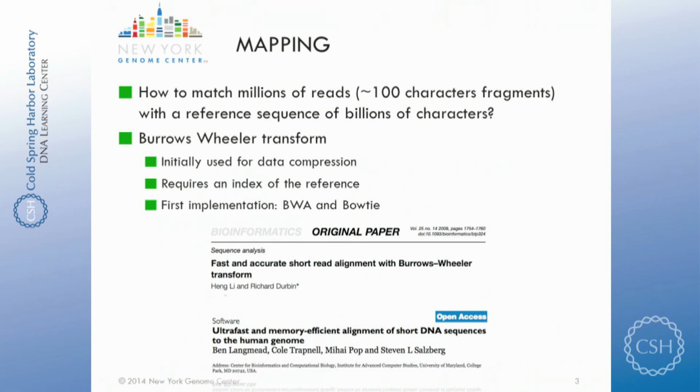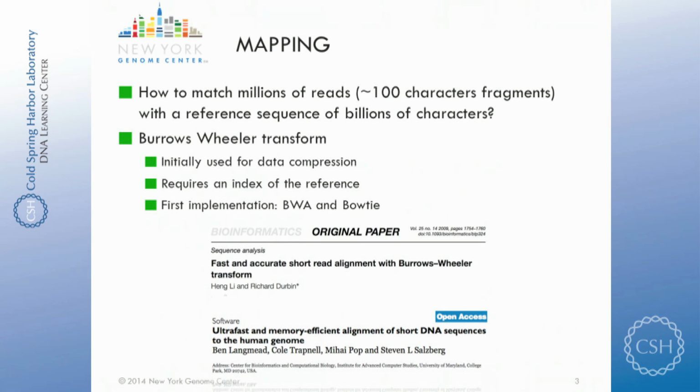But anyway, the problem is to match millions of reads that are, let's say, about 100 characters to a reference sequence that contains 1 billion characters. Okay? And if you do that by just looking for one sequence at a time, it really takes a very, very long time. And so when this kind of data became available, there was a lot of effort to find the best possible way to do it.